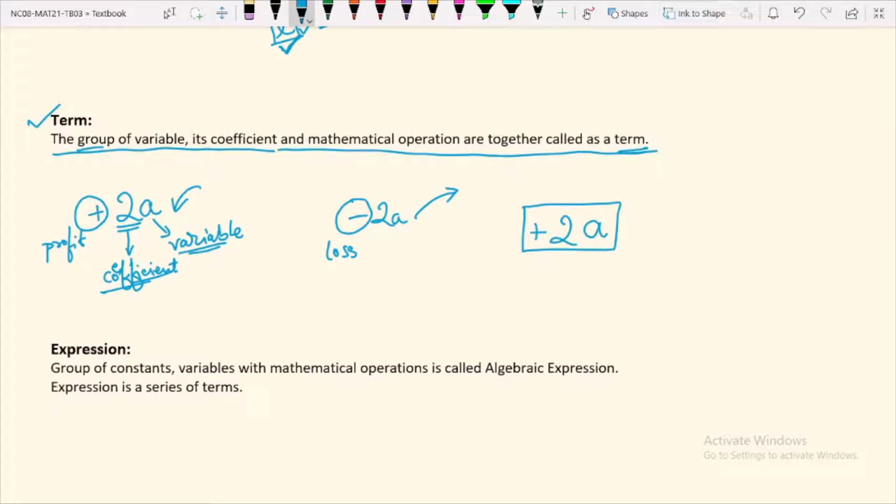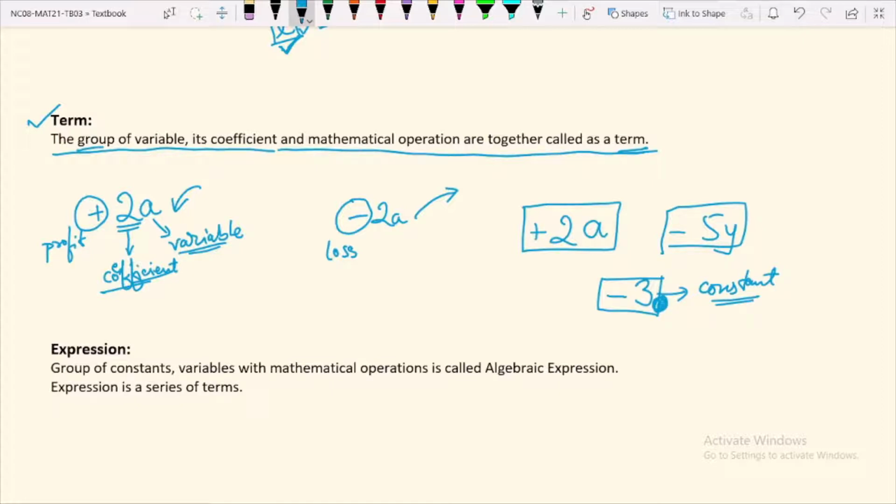The terms can be minus 5y; this is also one term. If we do not have any variable, it can still be called a term. If I have only minus 3, then minus 3 is also a term, but it is a constant term. Constant means just the number, because the variable is missing.